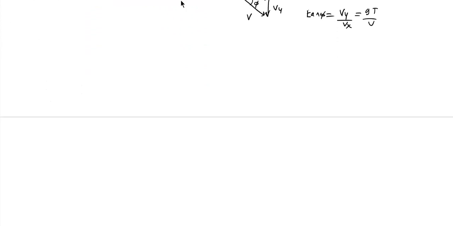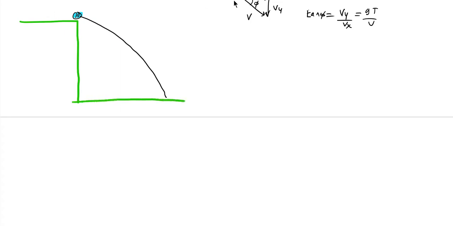If you look at this, this is our cliff. This is a ball which will be projected. Then how will it move? It will move in a parabolic path, a curved path. It will come and strike the ground.